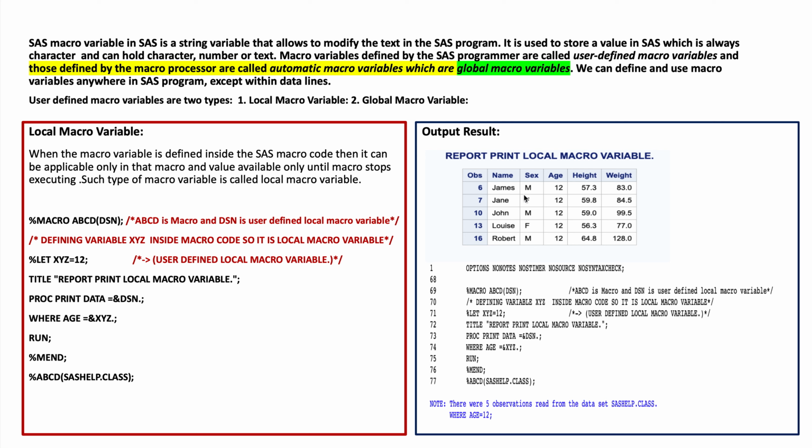As a result, we observe this result, which includes age equals 12. From the log window, we observe there are 5 observations read from the dataset sashelp.class where age equals 12. That means local macro variable XYZ has resolved.